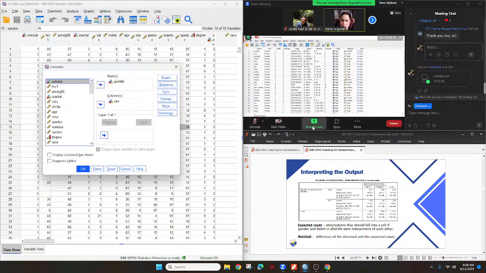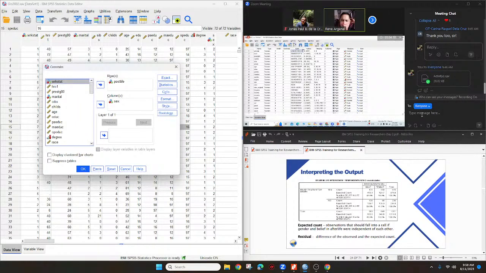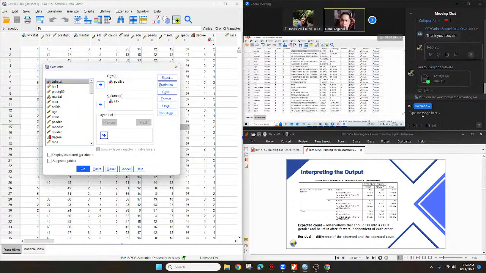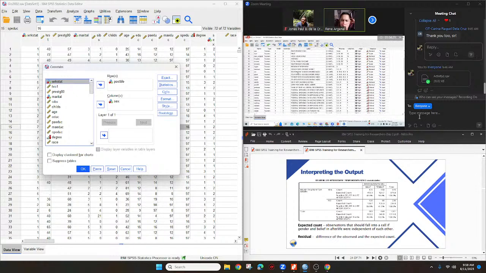Belief in life after death. This one. Postlife. Postlife.